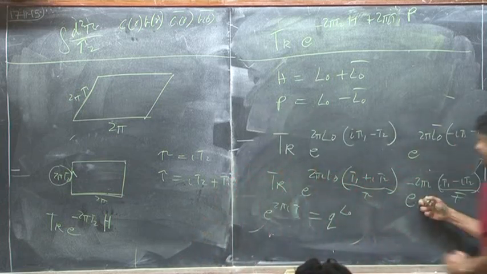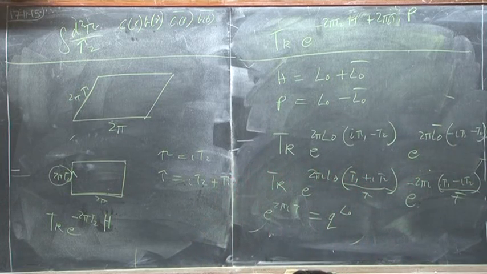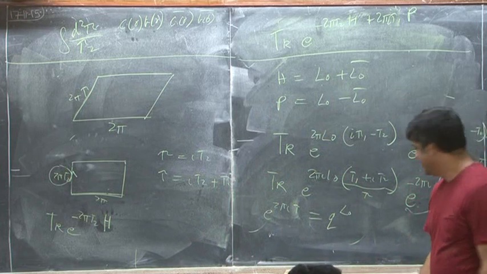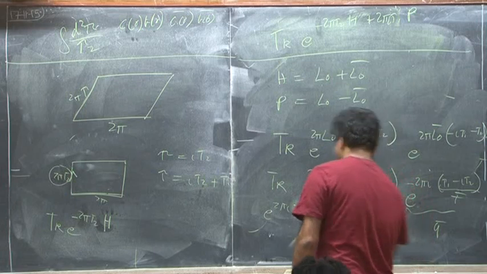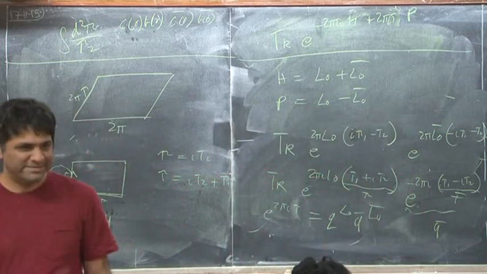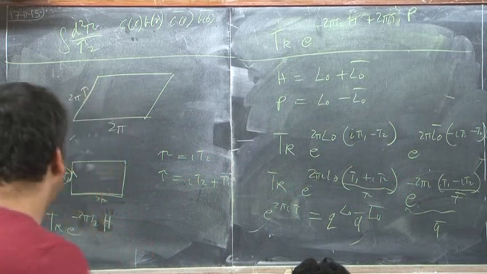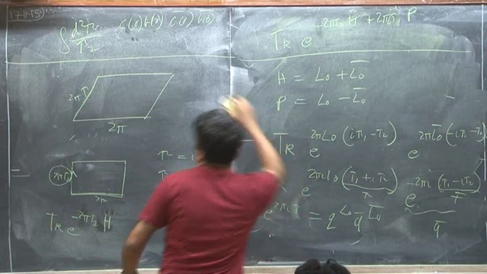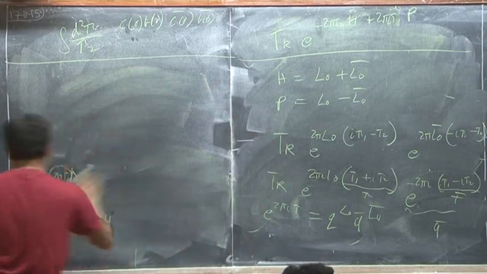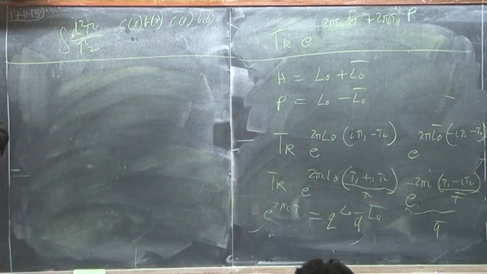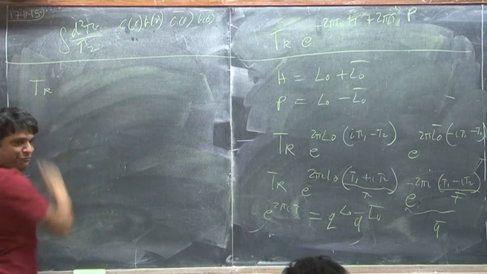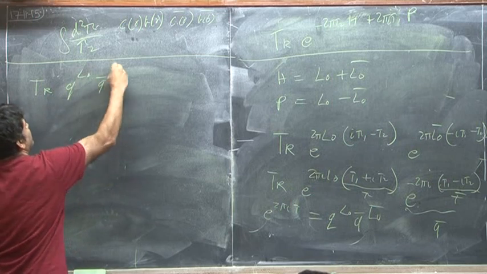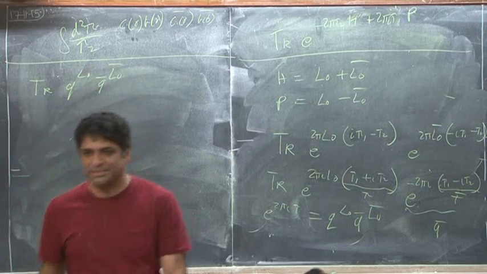And this guy is clearly the complex conjugate of q, because every time it's a minus sign. So this is called q bar. So the Hamiltonian interpretation of this object is the trace of q to the power L0 q bar to the power L0 bar. Pretty simple formula.